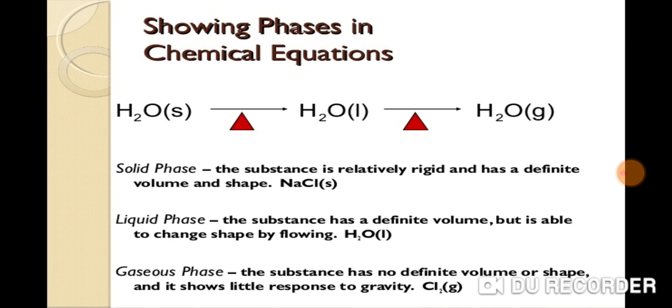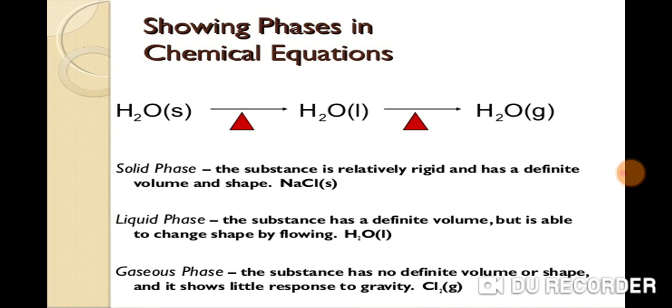Then the second one is the liquid phase. You can see L in the brackets. That has a definite volume and is able to change its shape and can flow. Whereas the gaseous phase, G in the brackets, is a substance that has no definite shape and volume and is in its highly reactive phase.